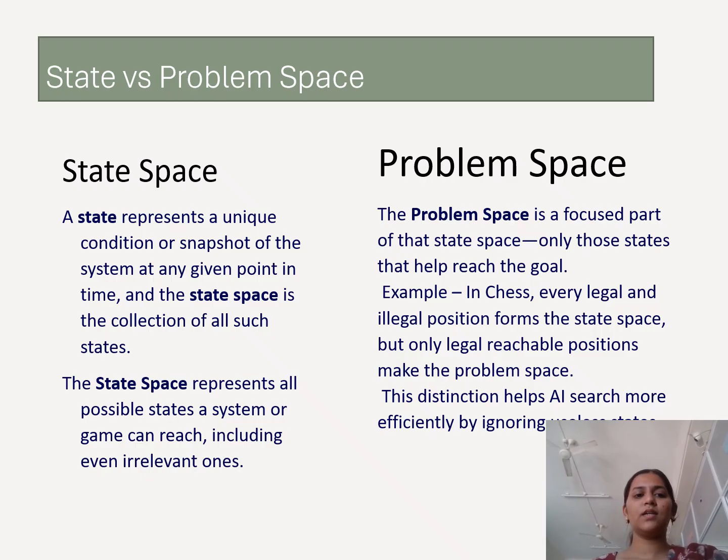A state represents a unique condition or snapshot of a system at any given point in time, and the state space is a collection of all such states. The state space represents all possible states a system or game can reach, including even irrelevant ones. Problem space: the problem space is the focused part of the state space, only those states that help reach the goal. For example, in chess, every legal and illegal position forms the state space, but only legal reachable positions make up the problem space.